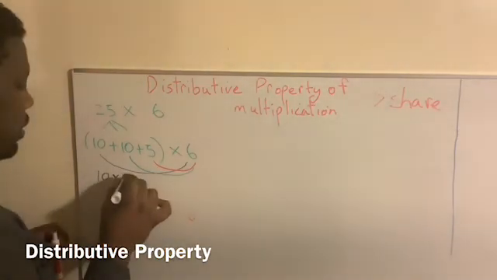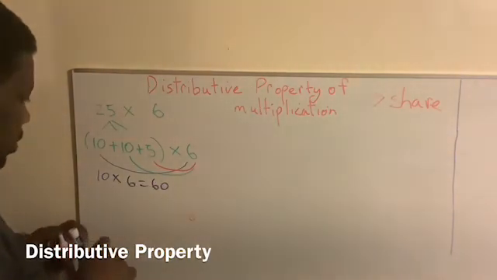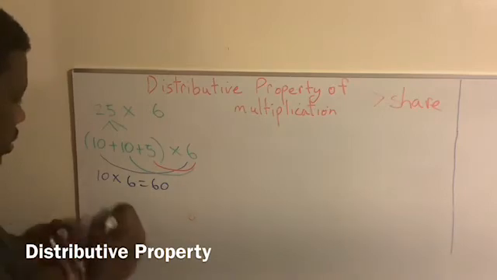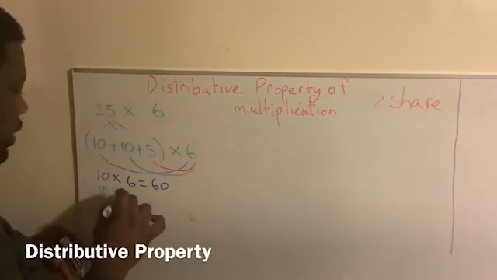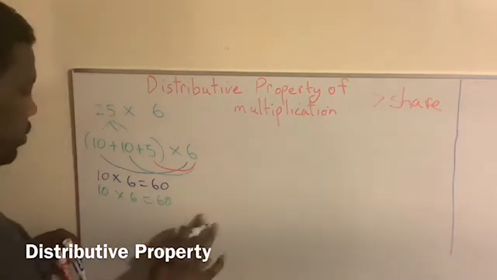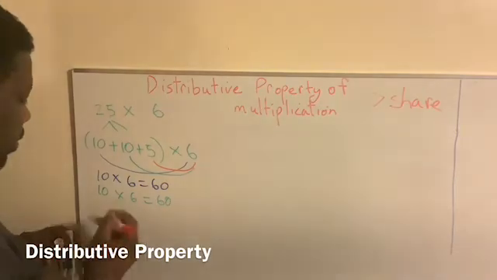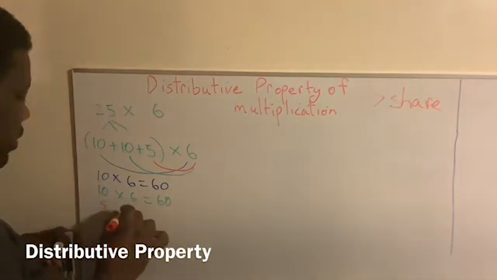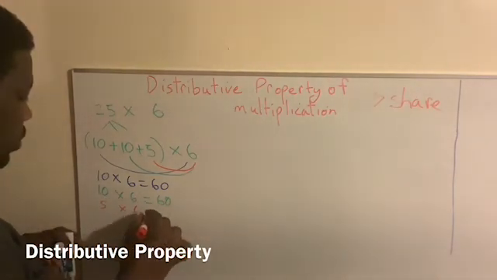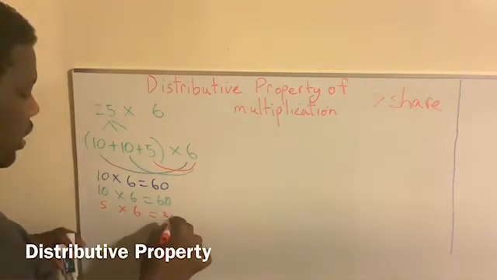10 times 6 is 60. Second 10 times 6, also 60. Then we have 5 times 6, which is equal to 30.